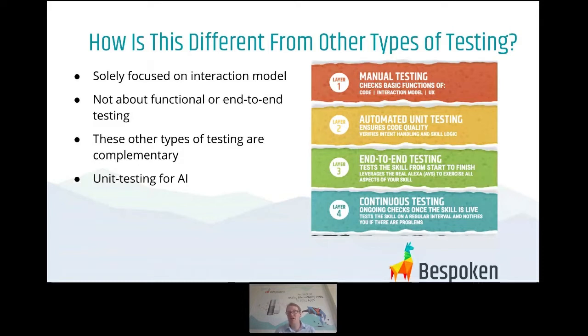And it's different from automated unit testing, and that automated unit testing is focused really purely on the code and making sure that the code, the logic, maybe external services are working correctly. And that's great stuff, but that doesn't have anything to say about how the AI is performing. The end-to-end testing, that does touch upon the AI.